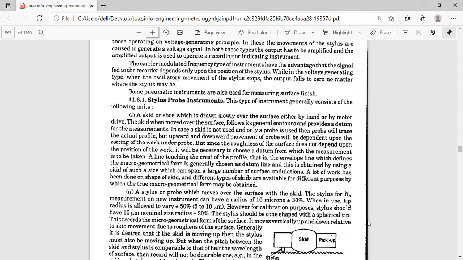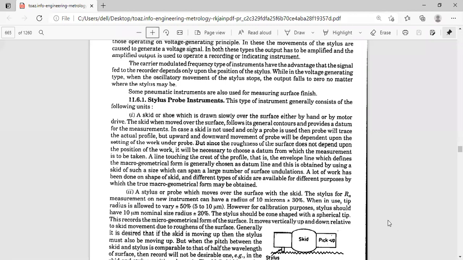10 microns with a tolerance of 30% we have. Whenever you are using it, the tip radius is allowed to vary plus or minus 50% only, 5 to 10 microns only. That is 0.005 mm to 0.010 mm. So micron you have to know.